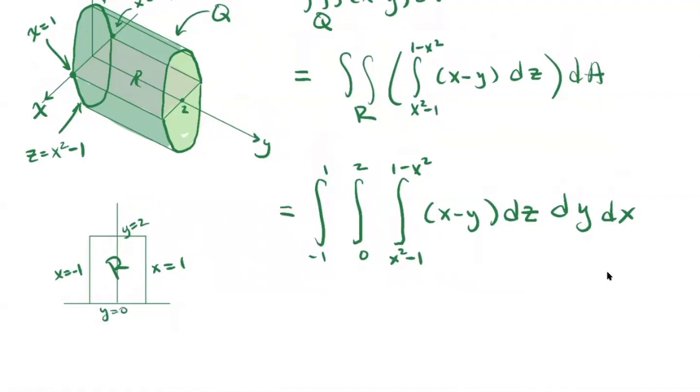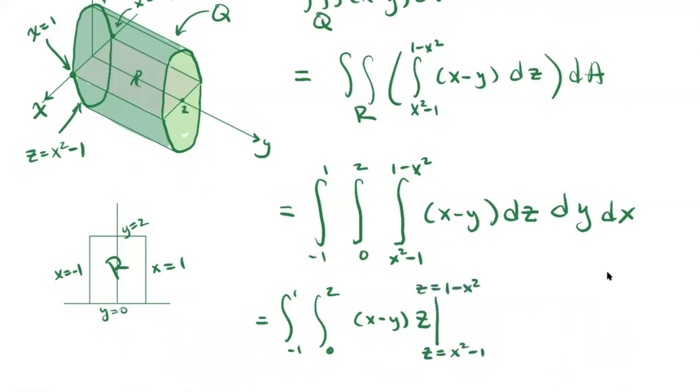All right, let's evaluate this thing. Now again, initially you're integrating in z. So you treat x and y as constants. So -1 to 1, then 0 to 2, and then we're just going to keep the x minus y, but then put a z outside. And just so there's no confusion, I'll say z equals x squared minus 1 to 1 minus x squared.